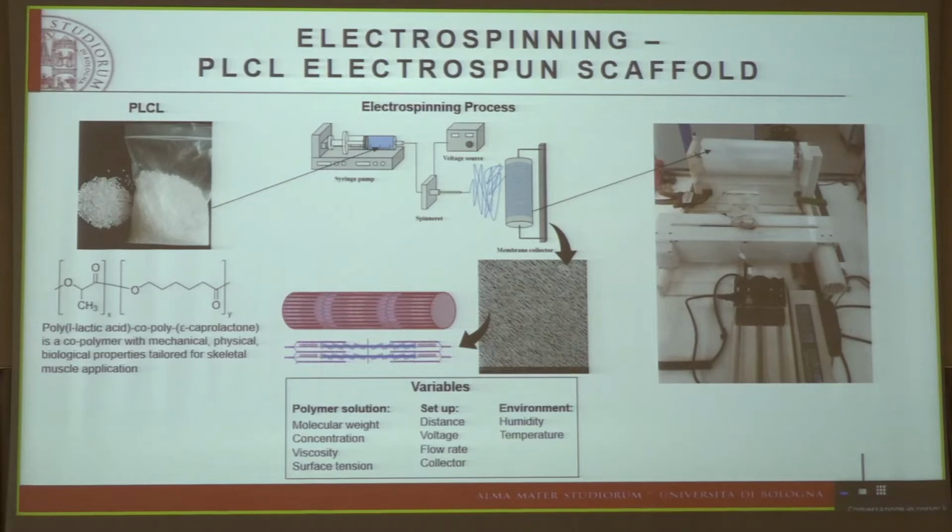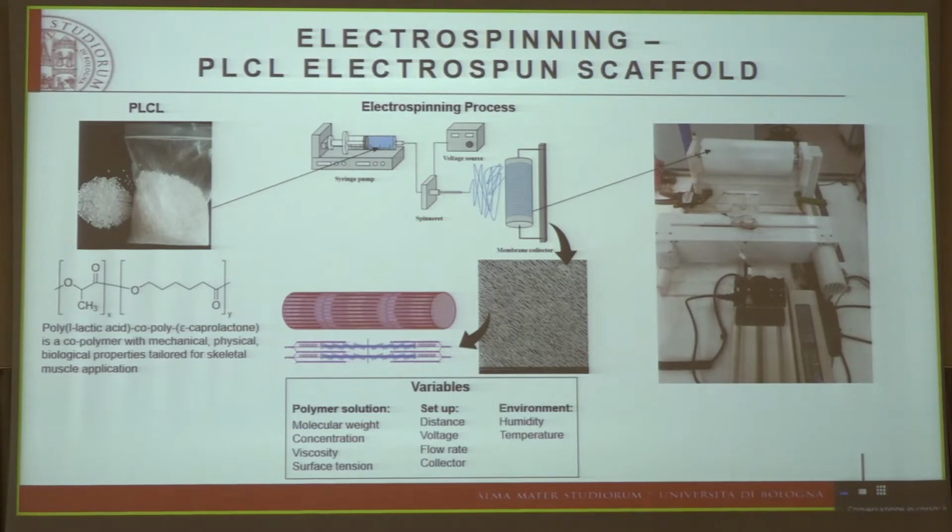Once we have the polymer solution, it is charged in a glass syringe, fixed in a syringe pump, that is connected by a voltage source to a drum collector. Once the pump pushes out the polymer solution, the jet is spread out from the needle of the glass syringe and is attracted by the drum collector.